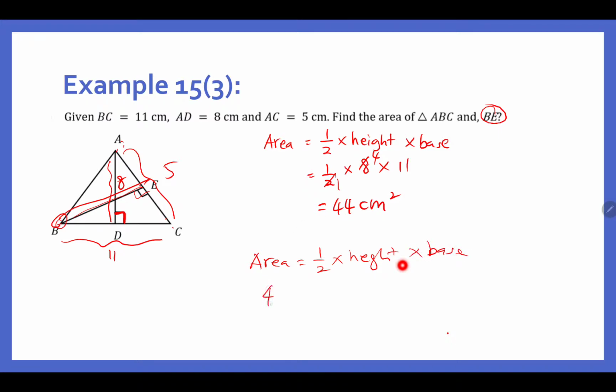So area dia samalah, 44. 1/2, height dia akan jadi yang BE. Base akan jadi yang AC lah, AC. So jadi 5. Okay, kira BE 17.6. Ini case kalau kita pusingkan bentuk gambar rajah triangle tu AC jadikan base.